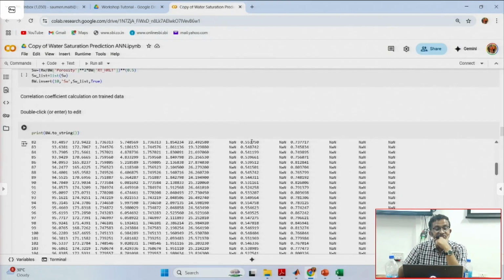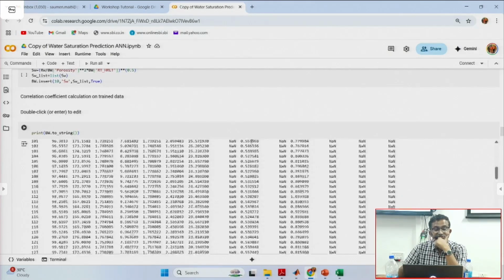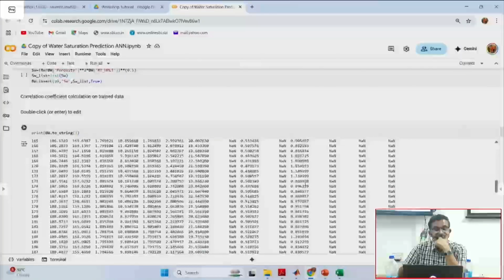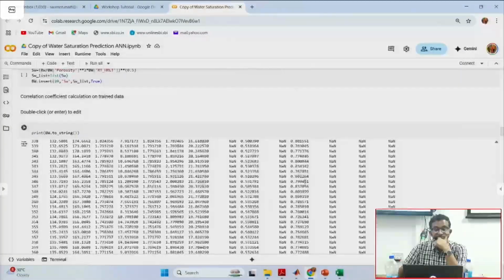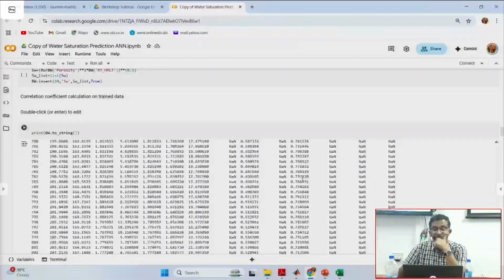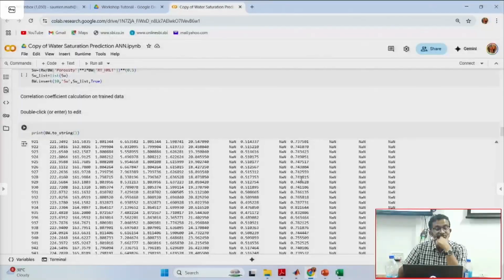Then you need to see their relations, and if there is any value which is not convincing, we may check it and remove it through filtering.